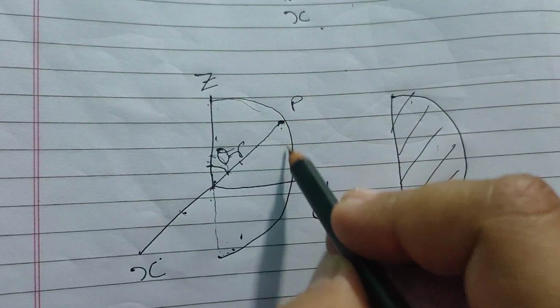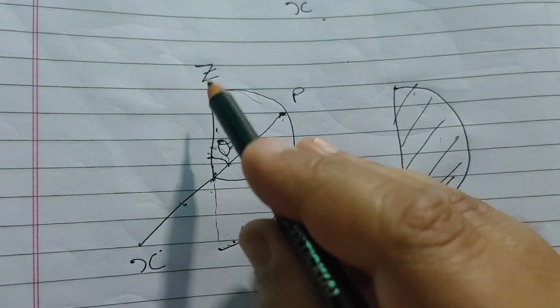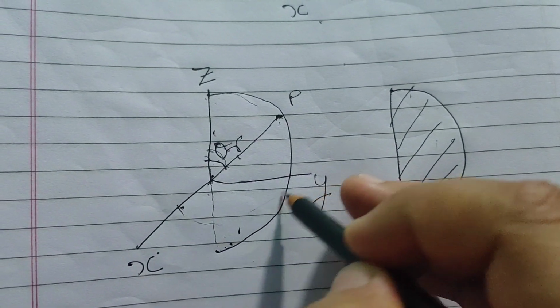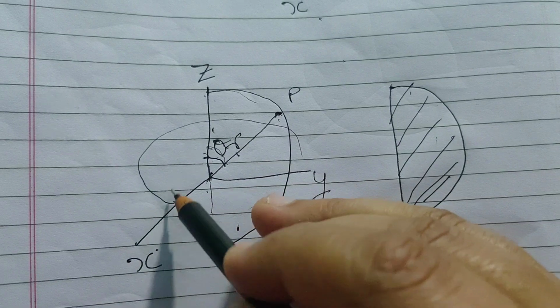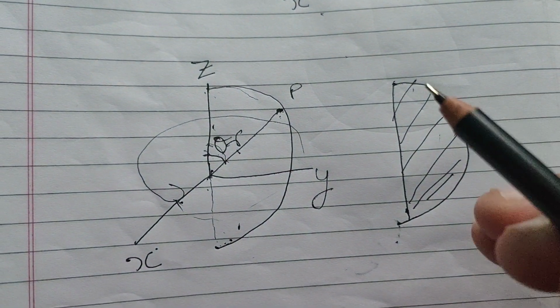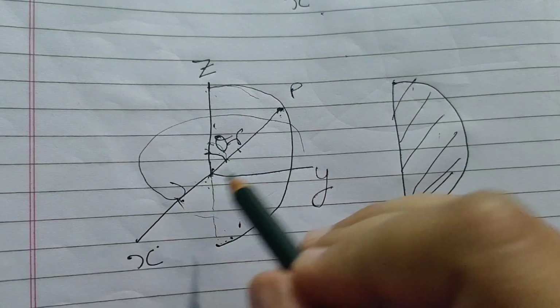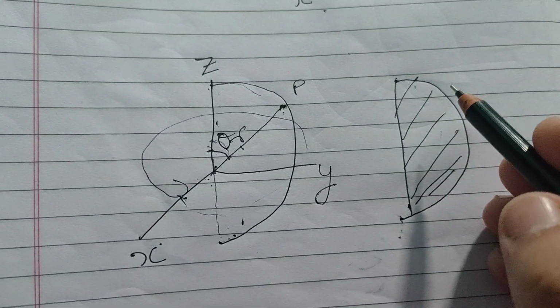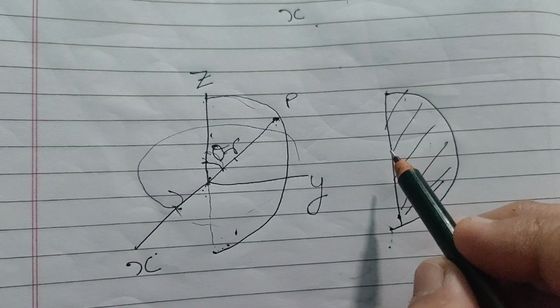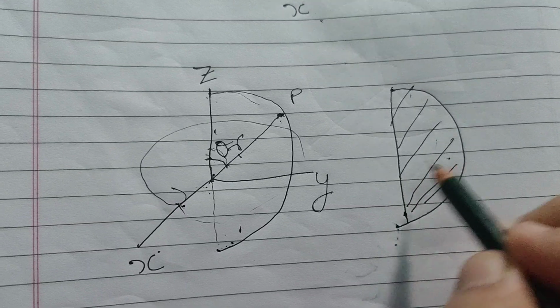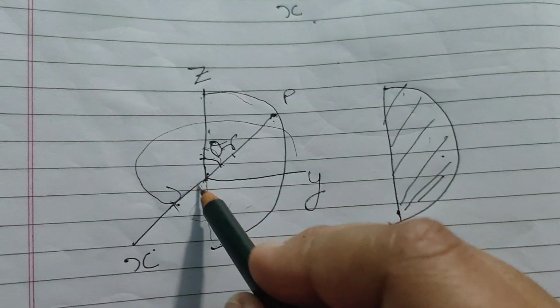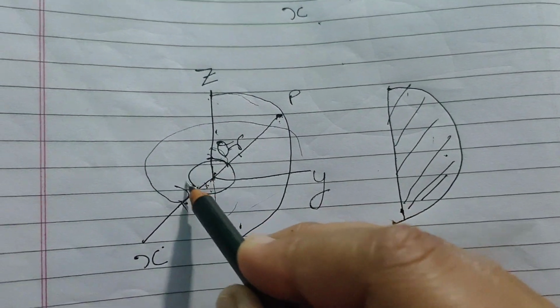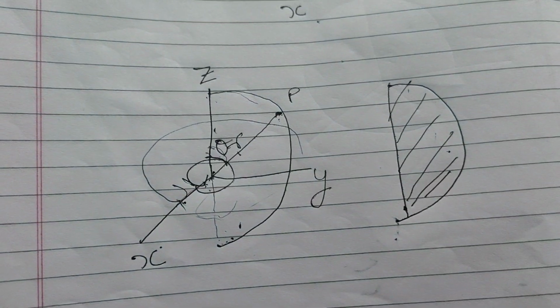So if we rotate that half disk from here through 360 degrees like this, it will definitely make a sphere. You have to imagine it. If we rotate this disk from 0 degrees from the x-axis to 360 degrees, it is going to make a sphere.